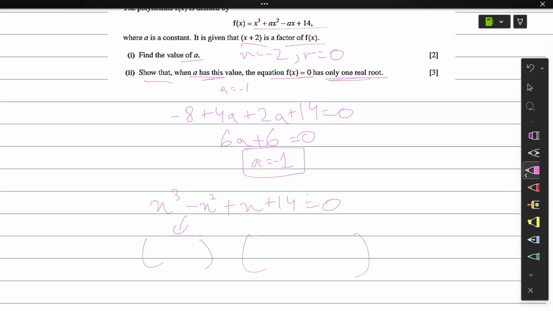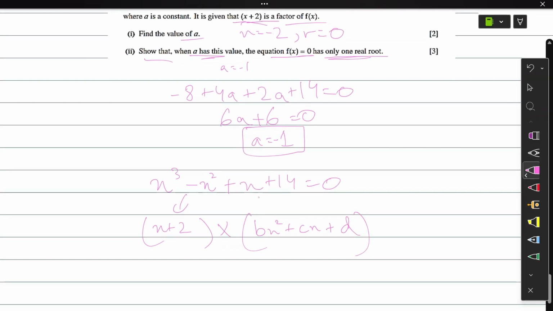So the linear factor कैसे ढूंढते हैं? अच्छा, पहले फैक्टर दिया हुआ है, तो x plus 2, and this is going to multiply with the quadratic factor, so call that bx square plus cx plus d, right? That's a general form for a quadratic. Anyway, equal that to 0.